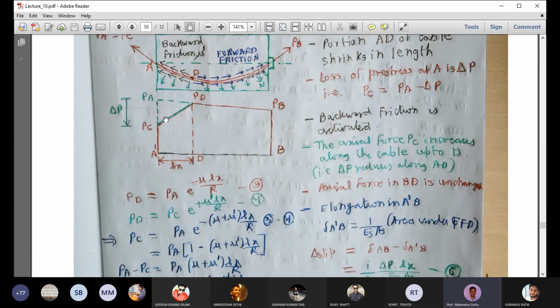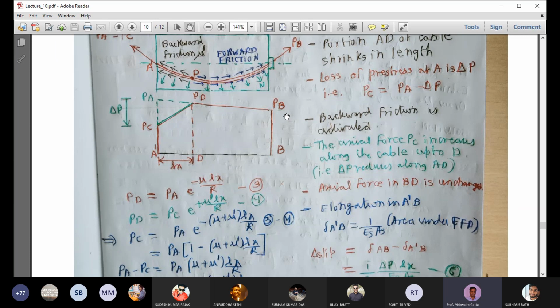Because of this backward friction, the axial stress in the cable will increase up to point D, indicated by the straight line. And after that, the axial stress will keep decreasing because of this forward friction. So this phenomenon is happening here.